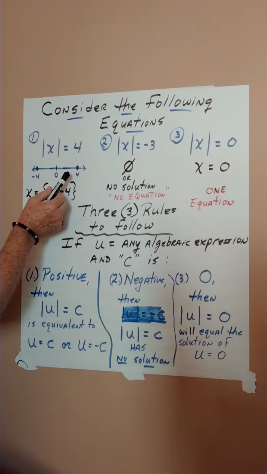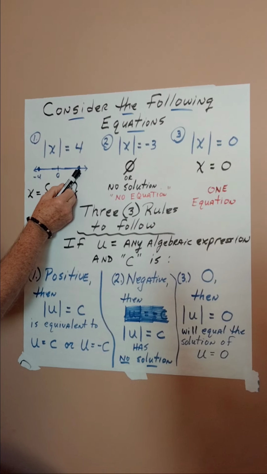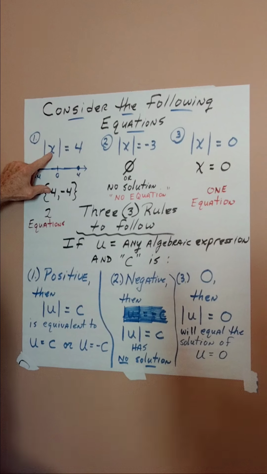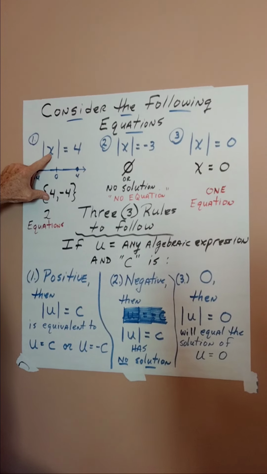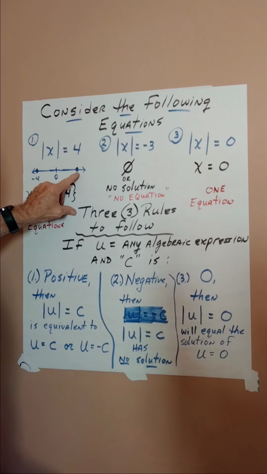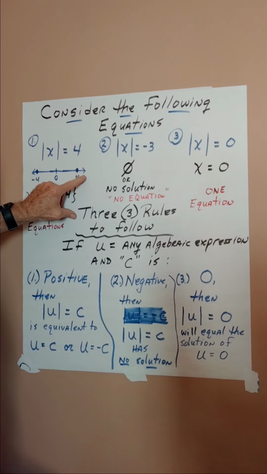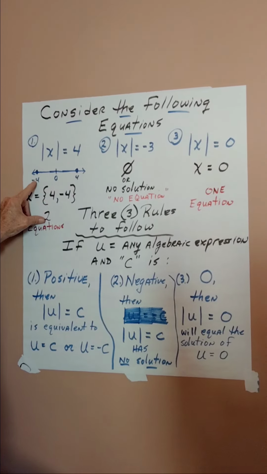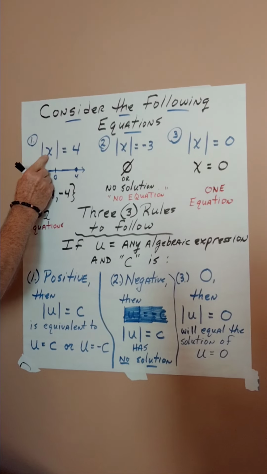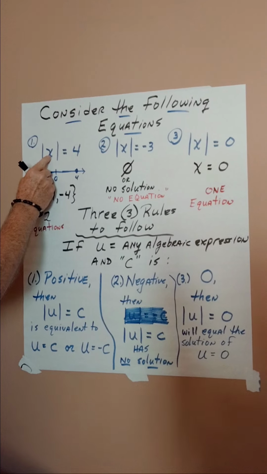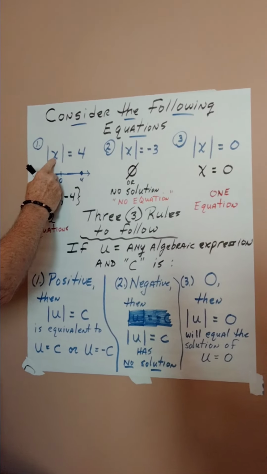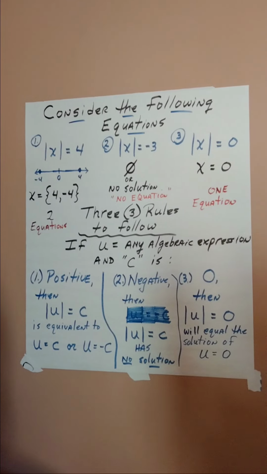One of those solutions will be positive 4, because if you put positive 4 in place of x, the absolute value of 4 would be 4, and it would equal that. But it's not only equal to a positive 4, it's also equal to a negative 4. Because if you put negative 4 in place of x here, the absolute value of negative 4 is positive 4, and it checks.